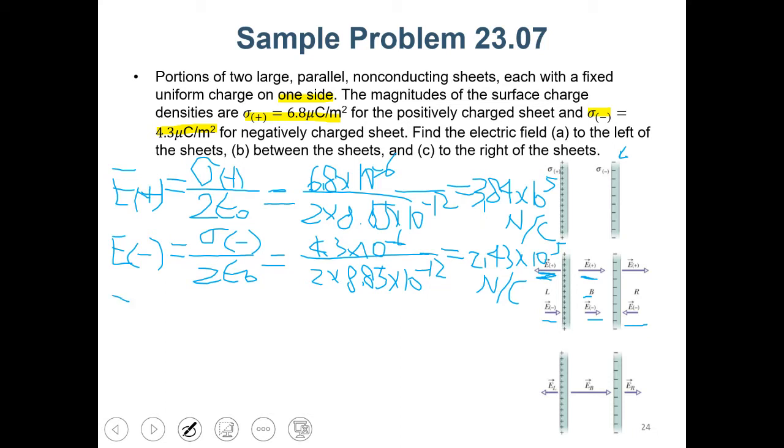So for the left part, we can just add them together. Actually, we can just subtract them because EL will be this one, E plus, pointing to the left side as shown in this graph, and E minus should point to the right side.